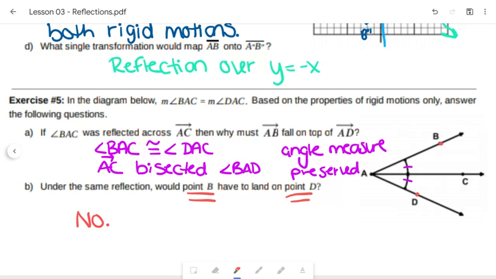We know that the angles are going to be equal to each other, so that means they're going to be preserved, but we didn't know anything about the segments AB or AD. So we know that point B would land somewhere along the line AD, maybe over here, but we have no idea if it would land on D, and it doesn't look like it would in this case.